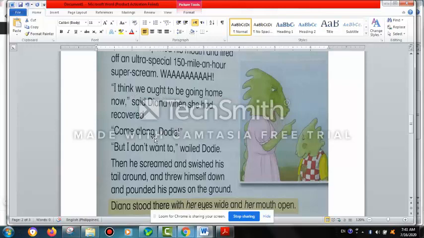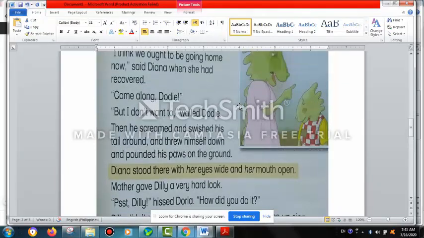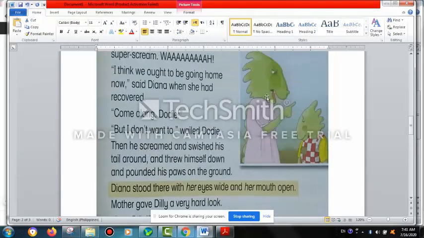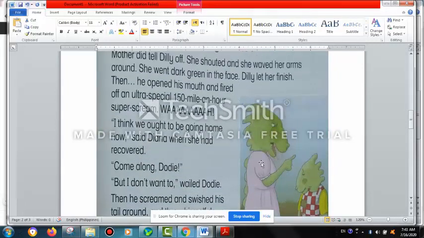Diana, Dodie, and Dorla are the three characters in the story. This is just one scene of the story. And the setting happened where do you think? Maybe in the backyard or in the playground.